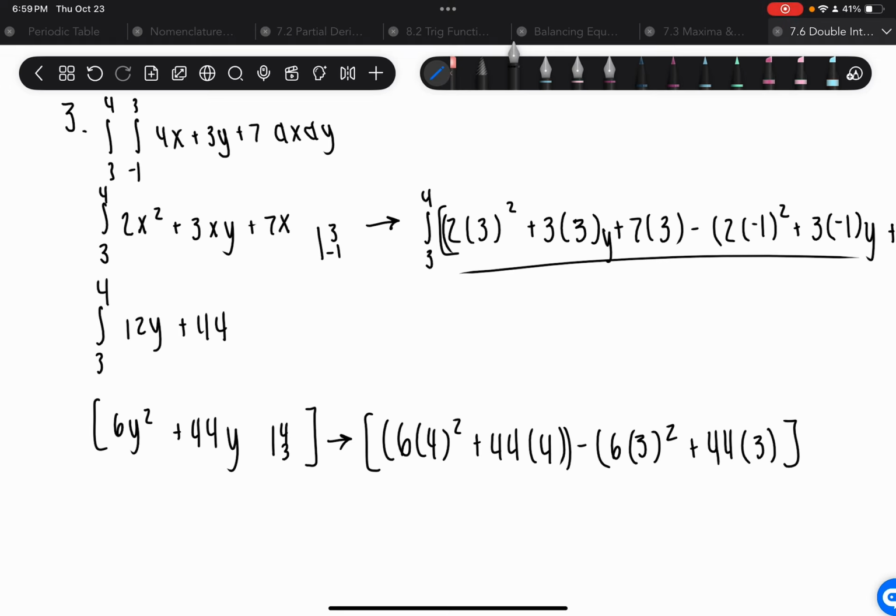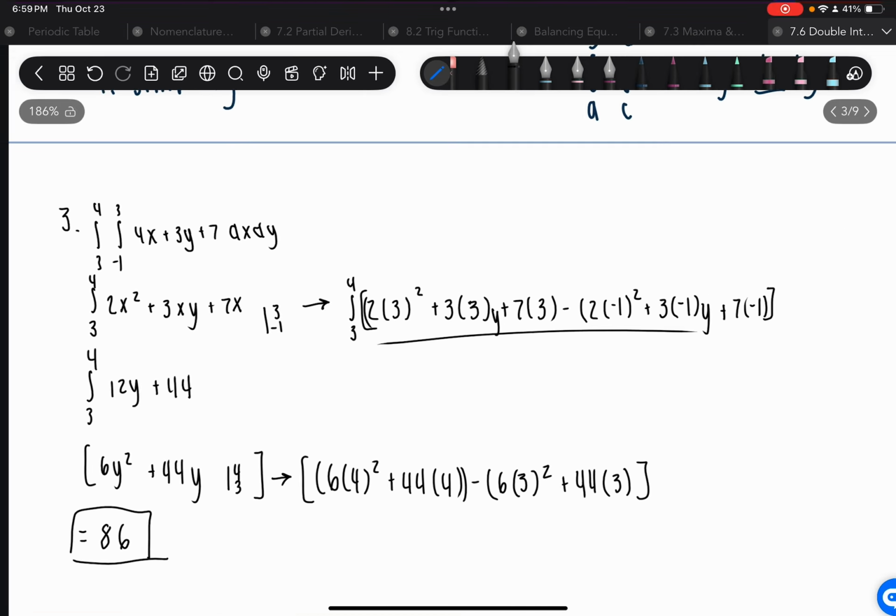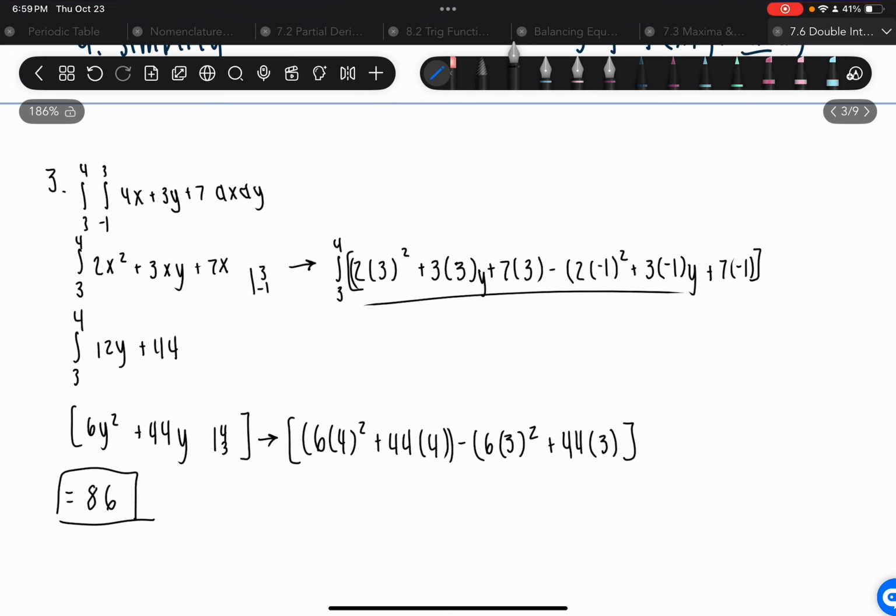So after plugging that in, then I get an answer of 88 or 86. And that is how you would solve a double integral.